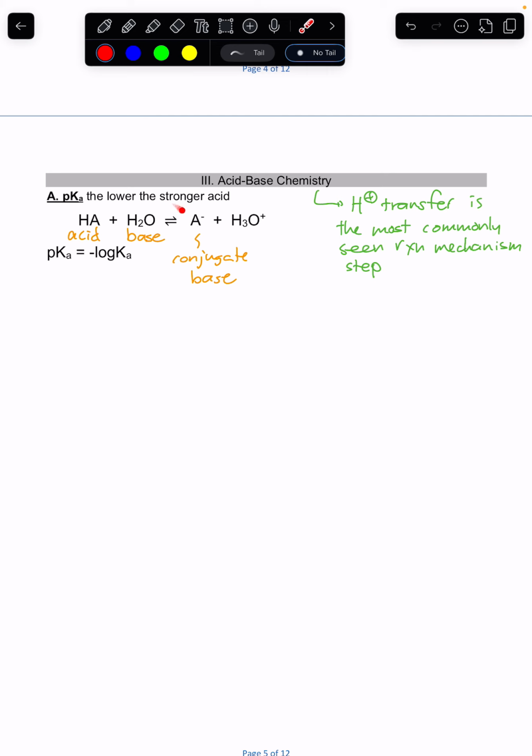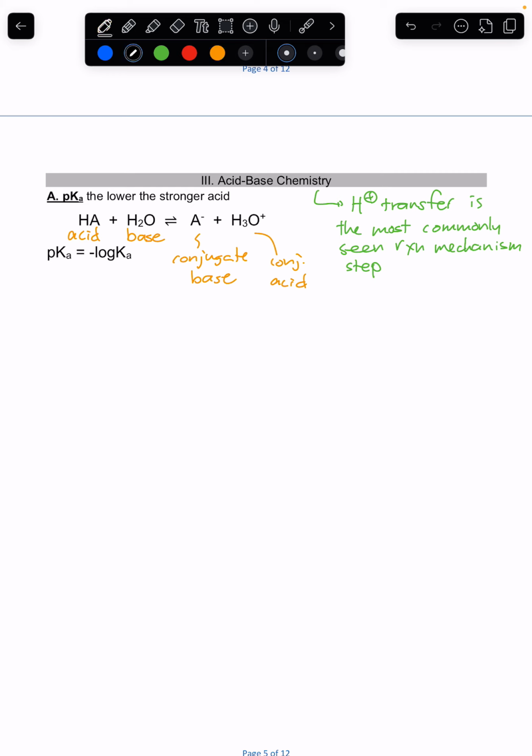It's just the base that results from losing a proton from the acid state. And then any guess as to what this might be called? Well, that would be the conjugate acid, because in the other direction it would act as an acid, and it resulted from the base picking up a proton. Okay. All right.